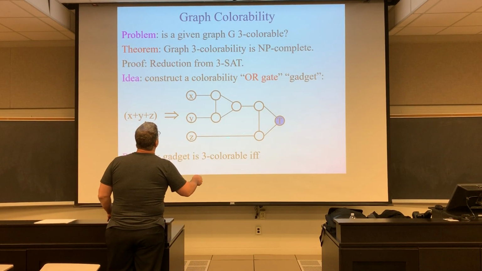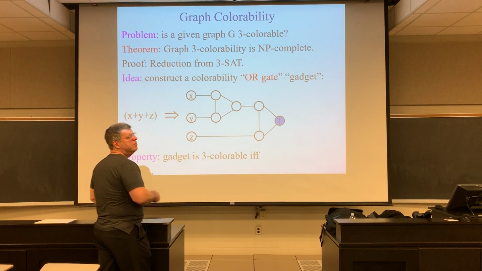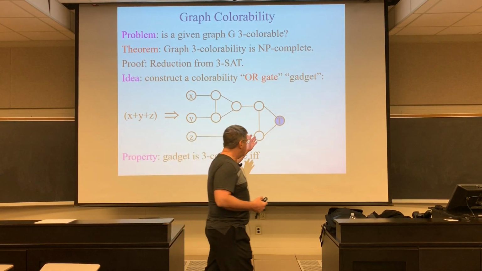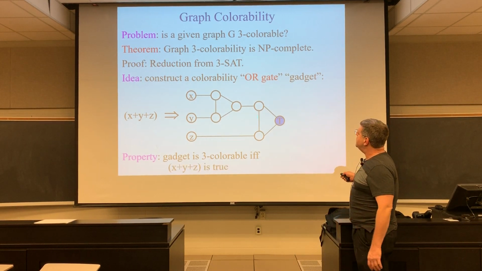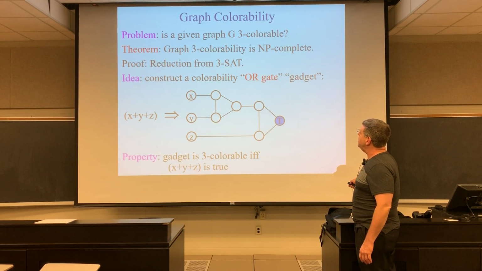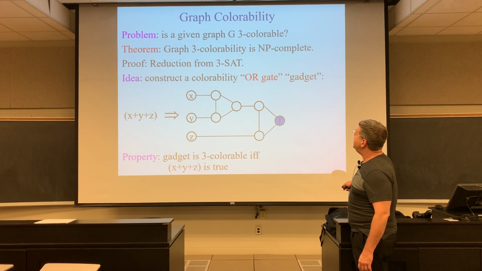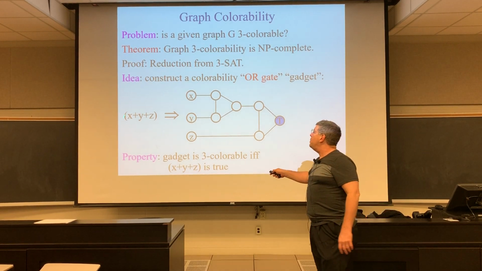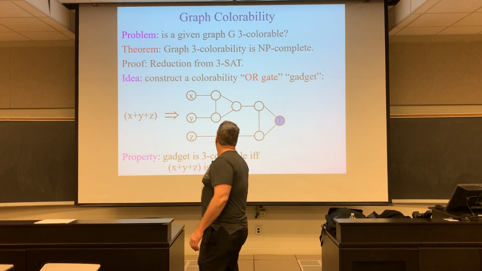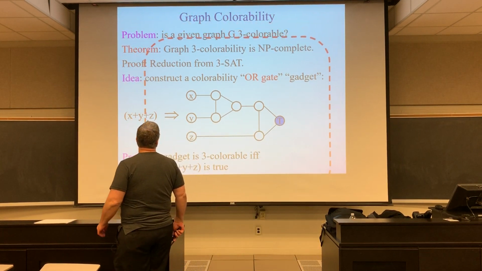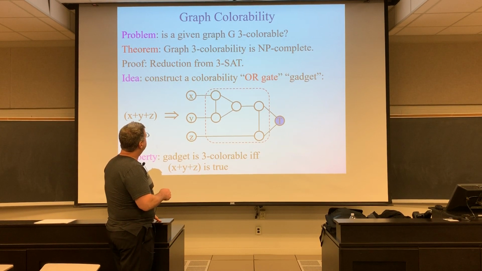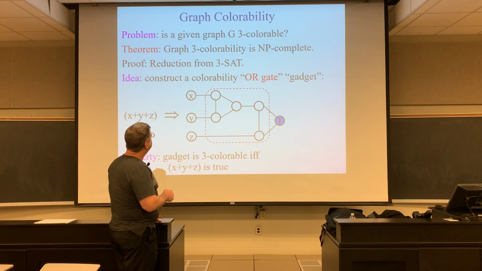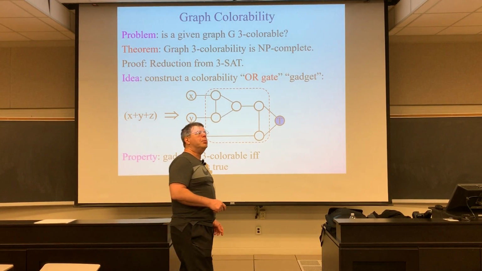So this gadget here, that we convert this clause of the 3-SAT instance into, this subgraph, is 3-colorable if and only if this x plus y plus z is true on the satisfiability side of the house. And you can think about this as a big OR gate, where if any one of the x or the y or the z is true, then this output node t will be true also.